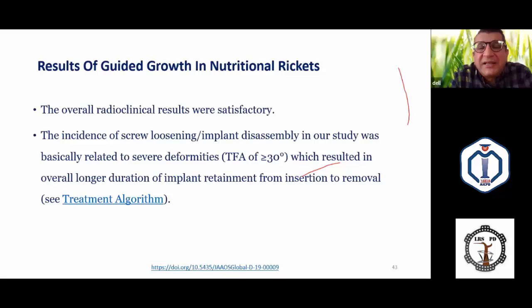So in consequence, the plates and screws have to be inside for a longer time, and that gives rise to complications, or is a precursor for complications that may need some measures and may delay the timing for correction. You can see that in the treatment algorithm in our article.